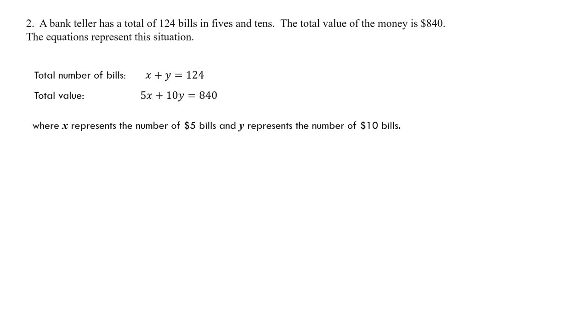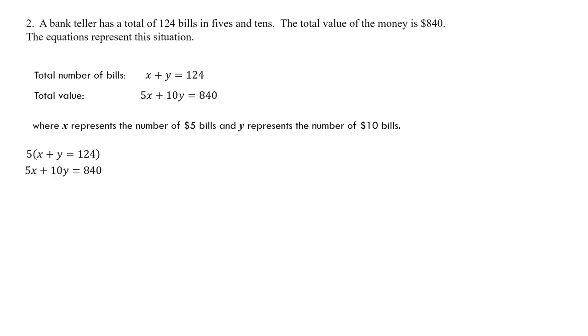And once again, these two equations are given to us in standard form. And once again, we'll choose to use elimination to solve for this. So to match up the x's, we can multiply the first equation by 5 so that it matches up with the x's in the second equation.